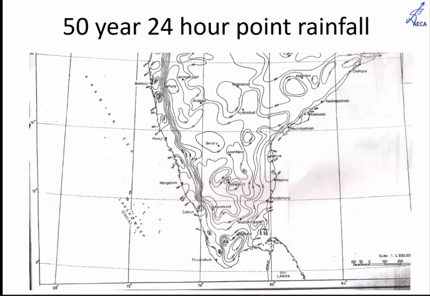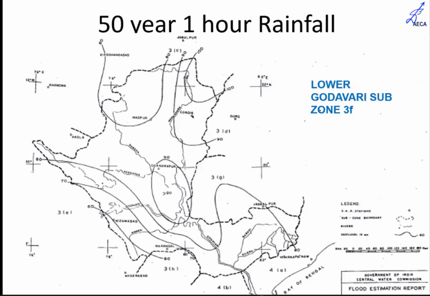Now there are also charts by the CWC and the flood estimation reports, where we have the point rainfall available for 24 hours all India, as also for the subzones. All these are used in the calculation for working out the intensity.